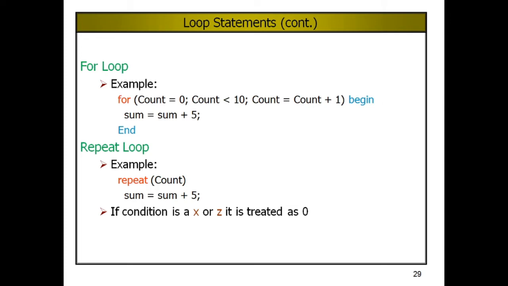When you do the programs, you will understand this sum equal to sum plus 5. Someone will initialize sum equal to 0, then repeat of 20: sum equal to 5, then 10, then 20, then 30. In this way, up to 20 times the sum statement will be executed.